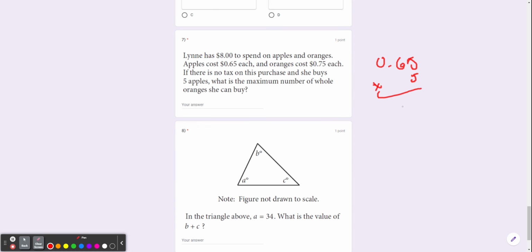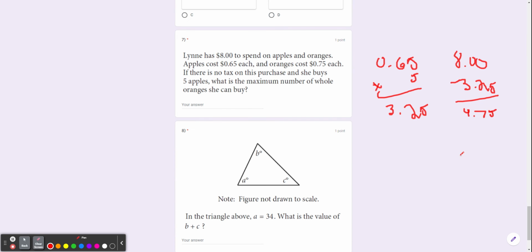So 5 times 65 cents is $3.25. So $3.25 is how much she's spending. That means out of her $8, if you take off the $3.25, which is how much she's spending on apples, that leaves us $4.75 to spend on the oranges.